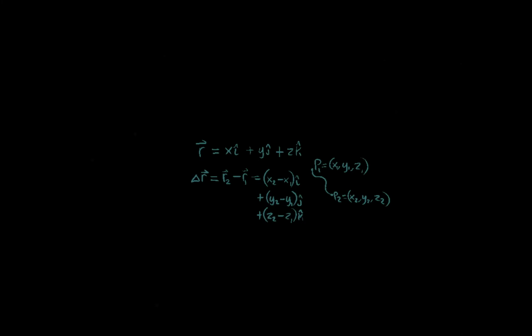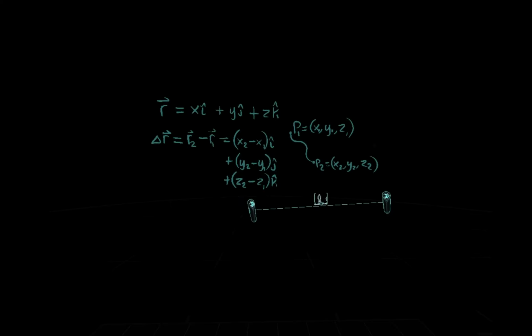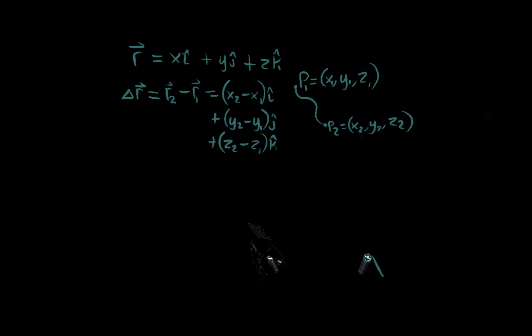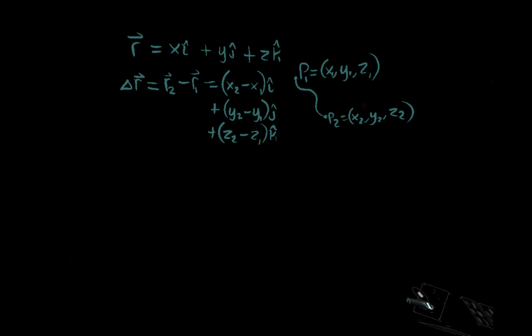And let's say that the particle moved from position 1 to position 2 during some time interval delta t. So we have the particle displacing its position through some time interval t1, t2. So delta t is t2 minus t1.